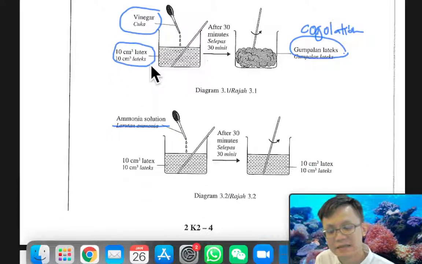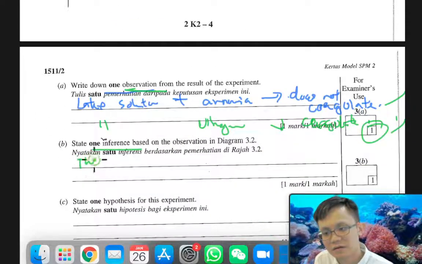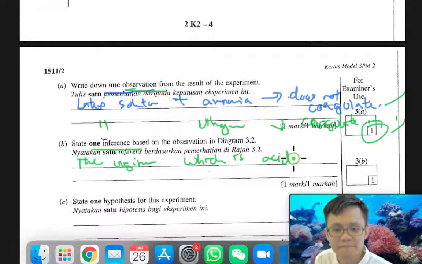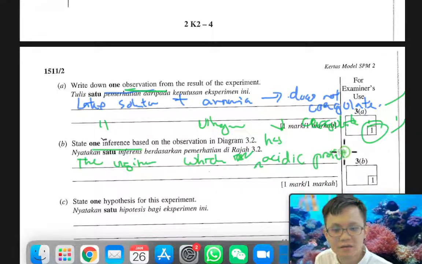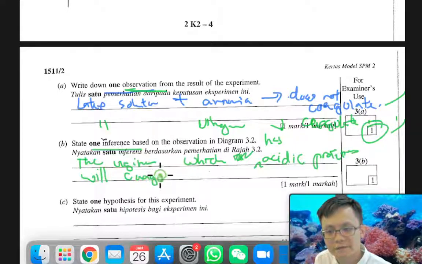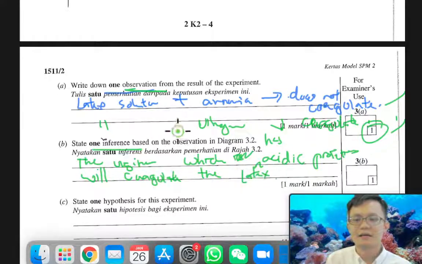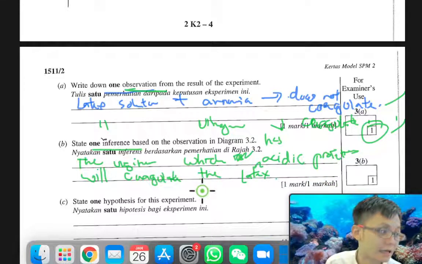I say the vinegar which is acidic, which has acidic property will coagulate the latex. Okay, the vinegar which has acidic properties will coagulate the latex.